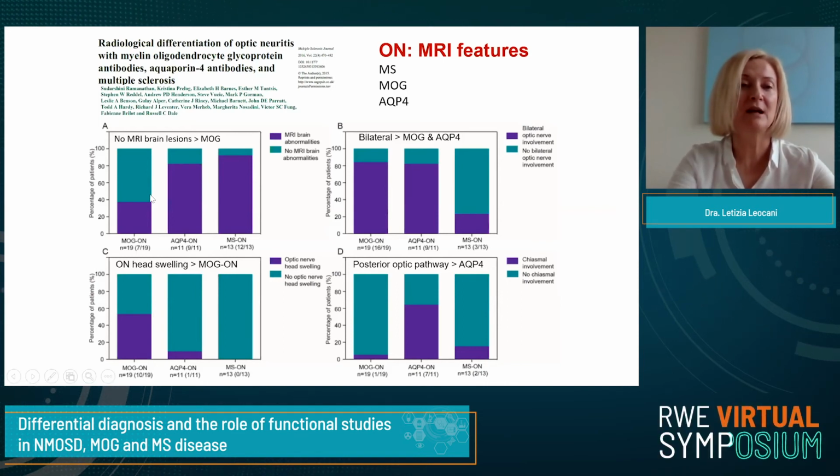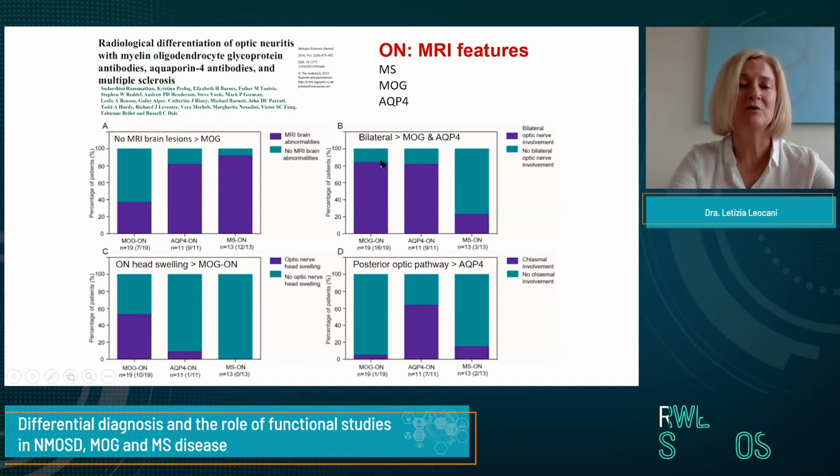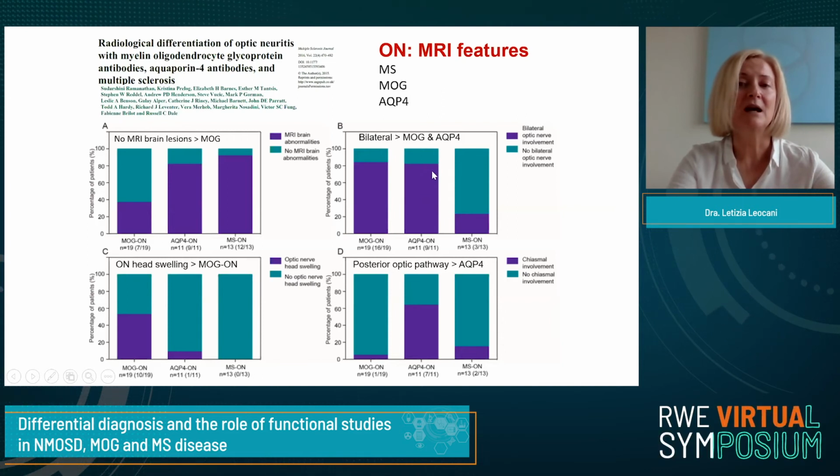And here we can see that while the absence of brain MRI lesions is quite more prevalent in people with MOG IgG antibodies, in this syndrome, the involvement of the optic nerve tends to be more frequently bilateral compared with MS, but also bilateral involvement can be seen in anti-aquaporin 4 antibody syndrome. Although there is quite a different location of the lesions.